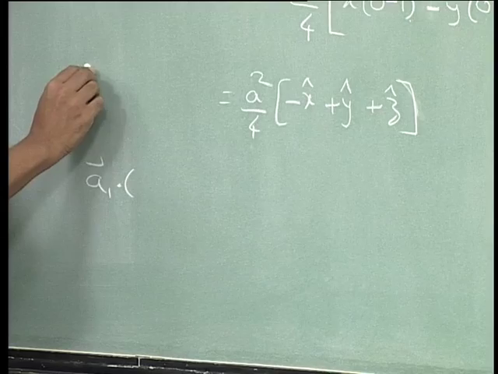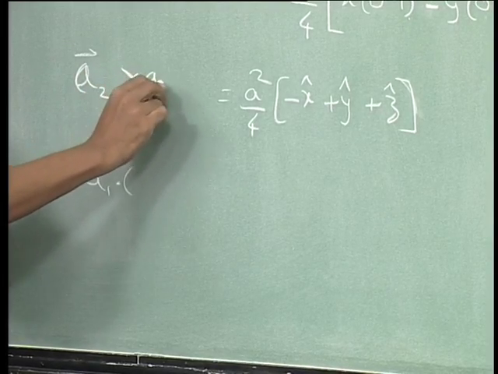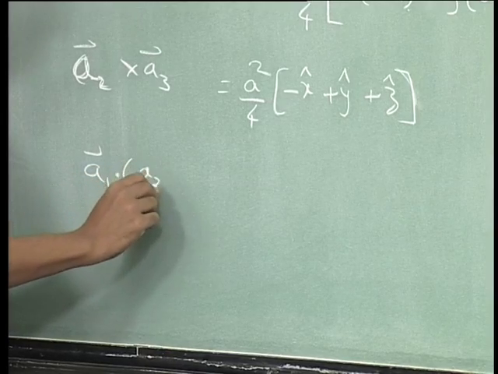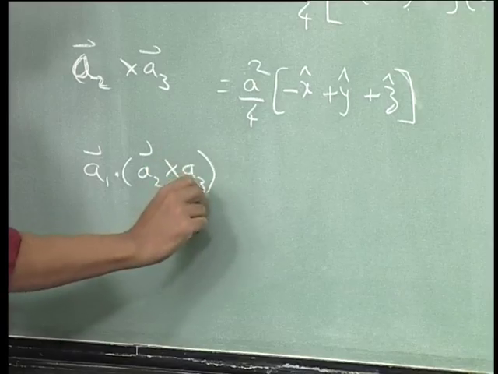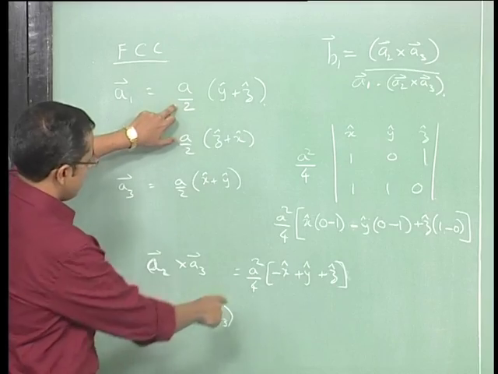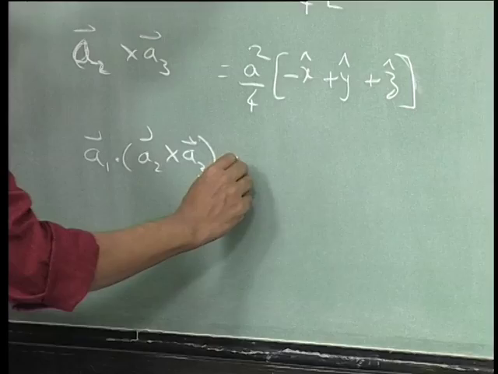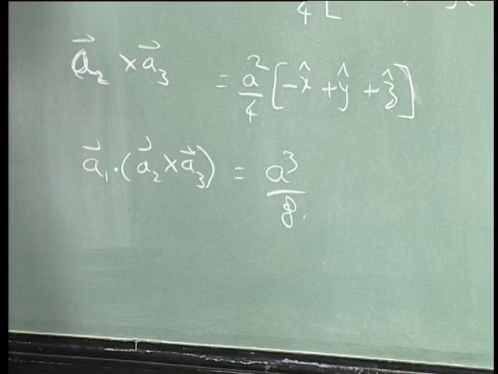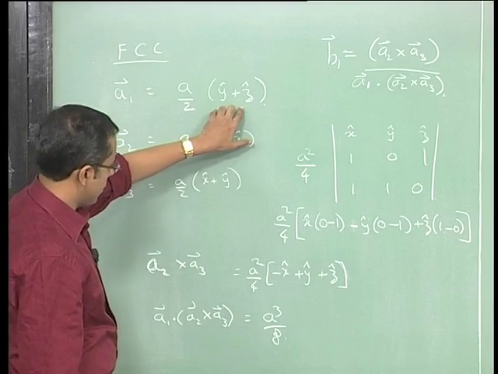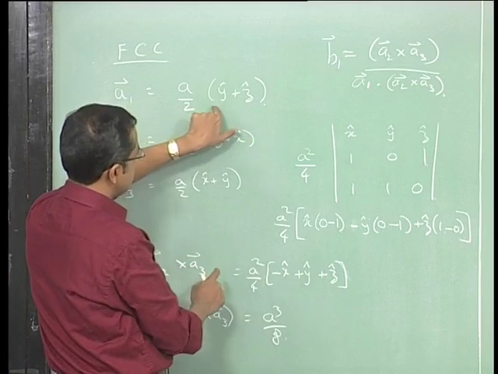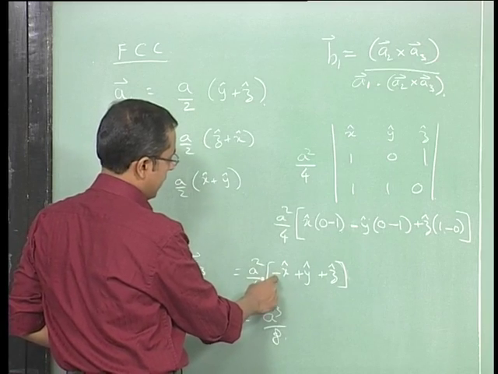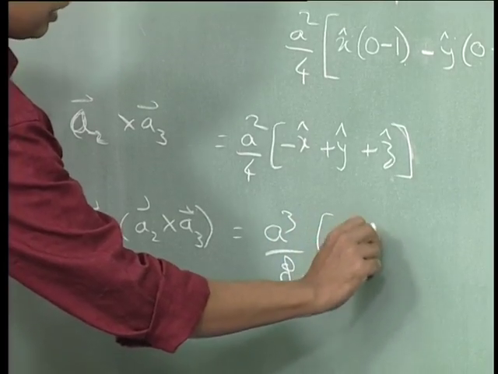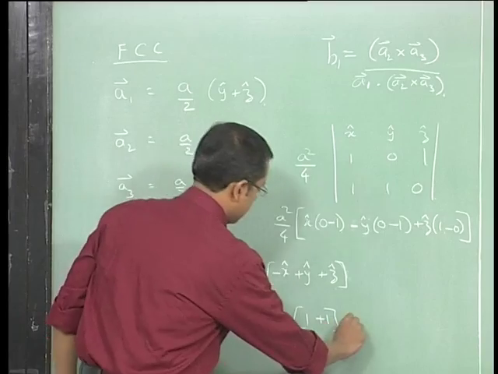This becomes a cube by 8 times the dot product of y plus z, that is 0 1 1, with minus 1 1 1. y times y becomes 1 and z times z becomes 1, so this is a cube by 4.